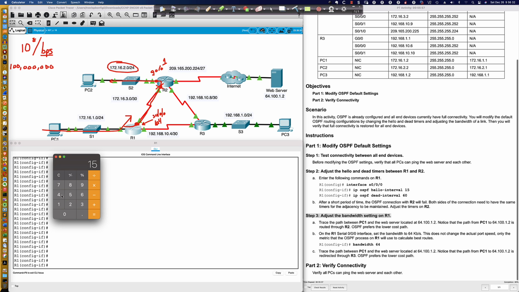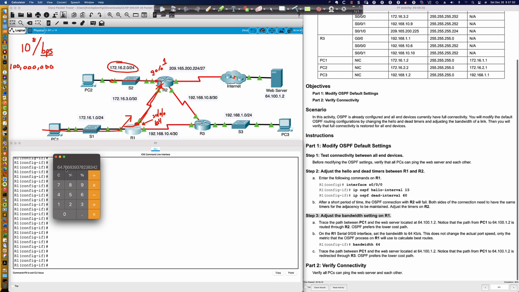So if I said 1,544 kilobits per second, I would have to add three zeros to get to bits per second. So what do we have here? 1,544,000. So if I take 10 to the 8, 100,000,000, and divide that by 1,544,000, what do we get?